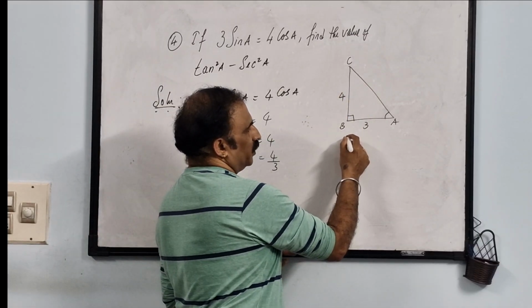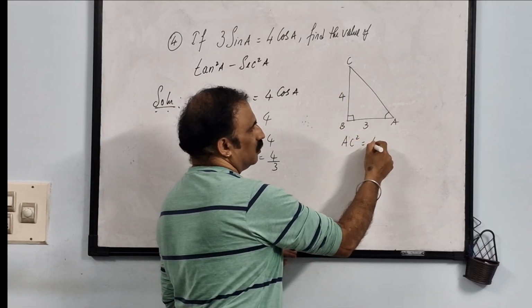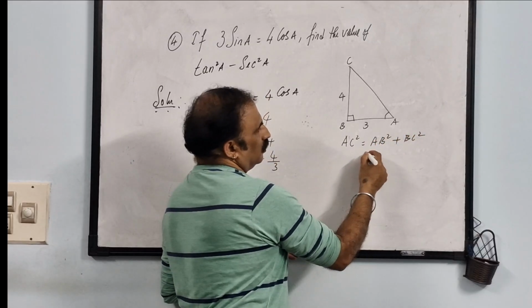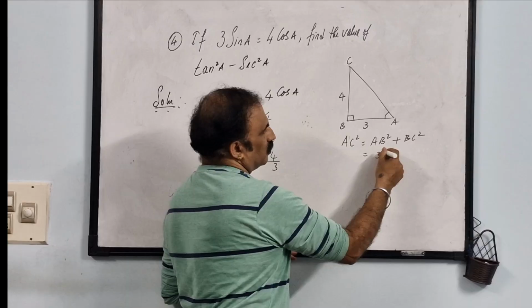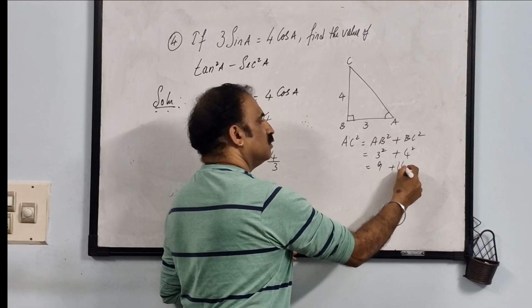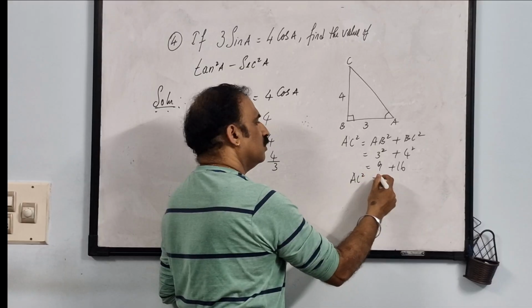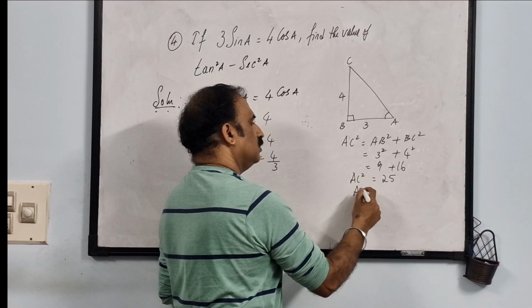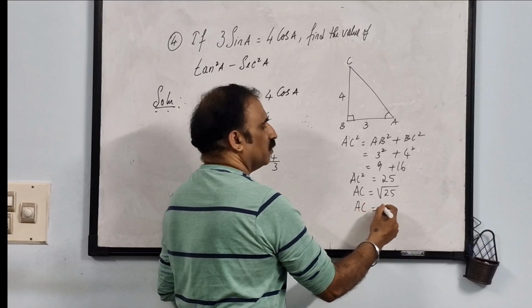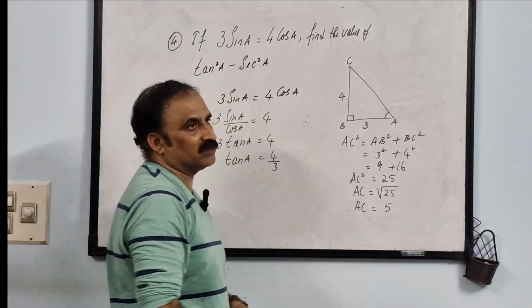So according to Pythagoras, AC square is equal to AB square plus BC square. So AB value is 3 square, BC value is 4. 3 square is 9, 4 square is 16. So AC square is equal to 25, AC is equal to square root of 25. So AC is going to be equal to 5, or you can say plus or minus 5.